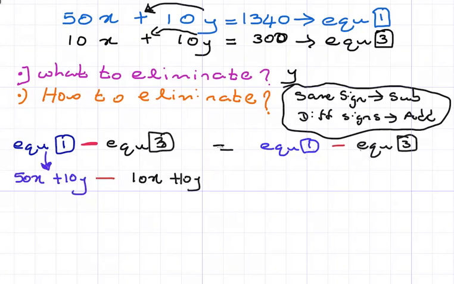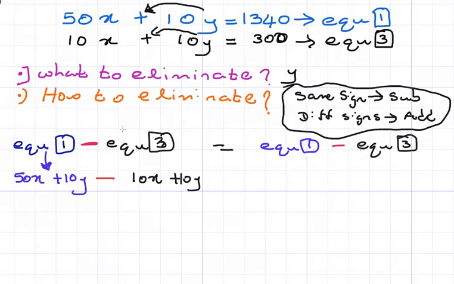All good? No, there is a problem here. The problem is with the way I've written it. If I simply write it this way, only 10x gets subtracted from the blue equation. But that's not the requirement. The entire equation 3 has to get subtracted.